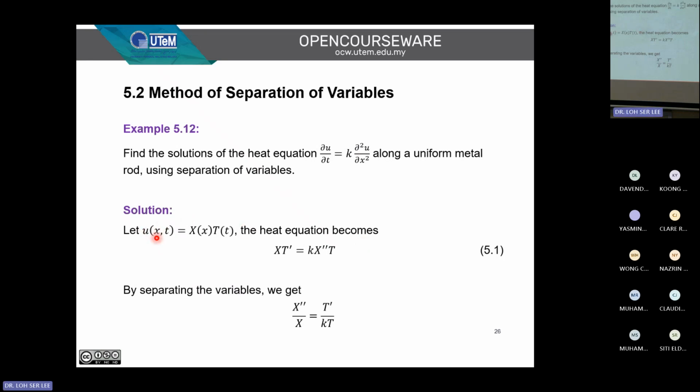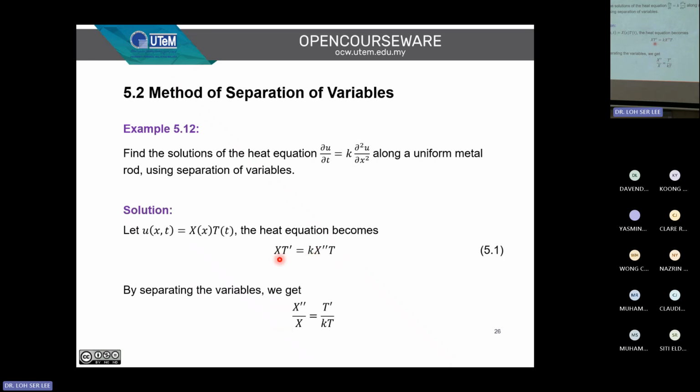Now we let our U, the solution, to be x times t. Because of this assumption, in your heat equation, UT is xt prime, UXX is x double prime t. So your heat equation will be this. Now we're separating the variables.